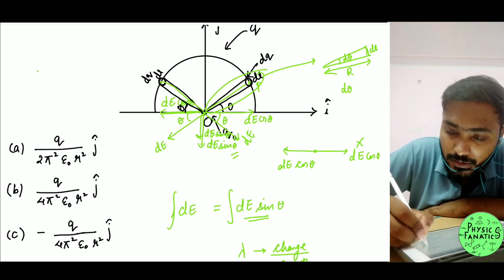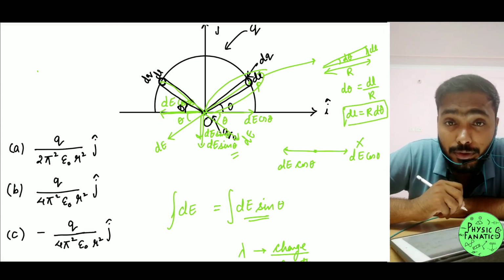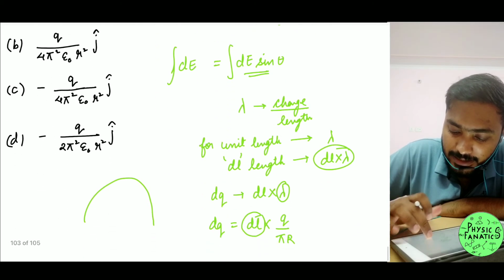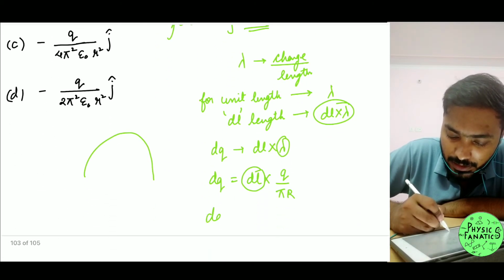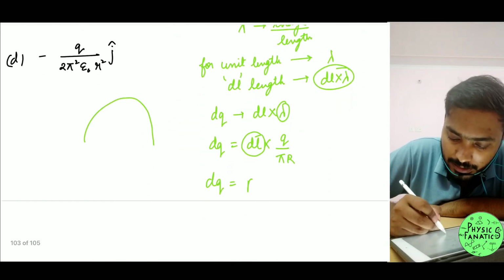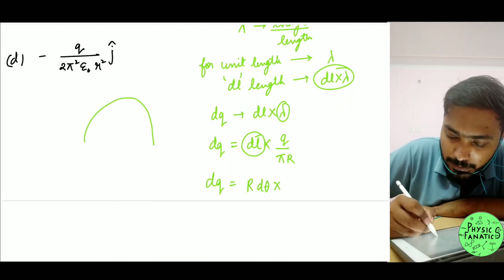So I can write theta is equal to arc, which is dl, upon length, which is r. So can I write dl is equal to r d theta? I hope you guys can understand that. Yes. Okay, so if that is true, in the place of dl, I'll write r d theta. So dq is equal to r d theta multiplied by q upon pi r.